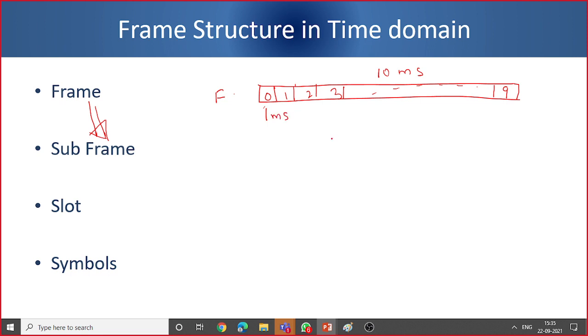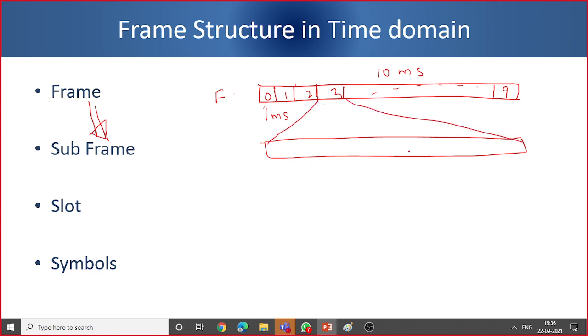So my subframe size is 1 millisecond. Now every subframe, so let me draw a subframe. Suppose this is a subframe, that means this 1 millisecond I have expanded here. So this is 1 millisecond.